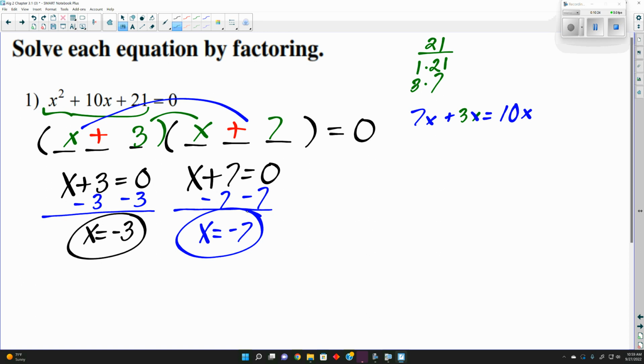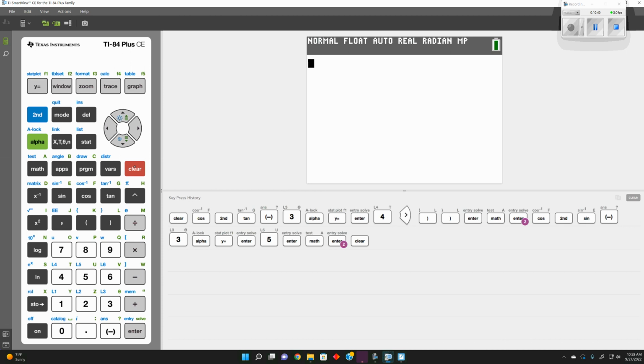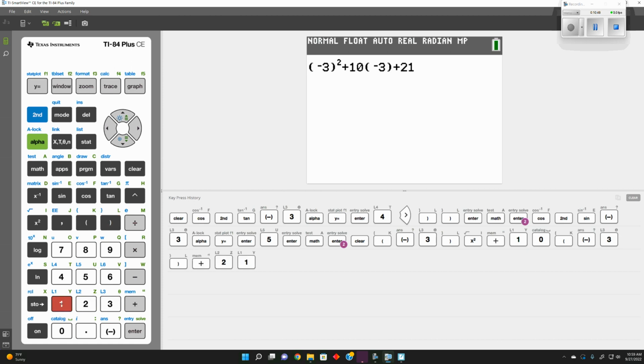And if we plugged them back in, we could see it would show us that they do both work. Because we could say negative 3 squared plus 10 times negative 3 plus 21, and see if this is equal to 0. So here, we could say negative 3 squared plus 10 times negative 3 plus 21.